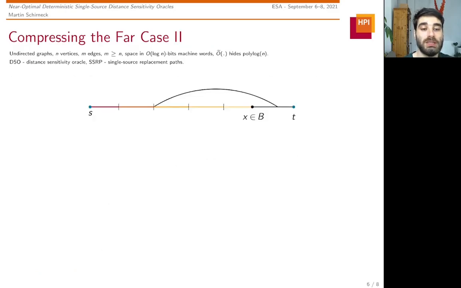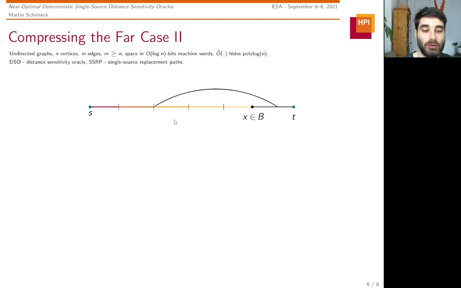First, note that in the far case 2, the edges between S and X have a monotonicity property in the sense that if you go from X to S, their replacement distance increases. This can be seen with this replacement path here.